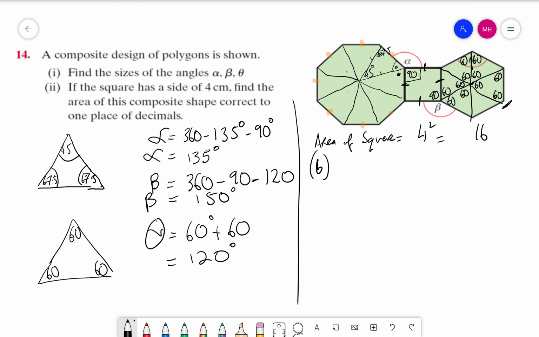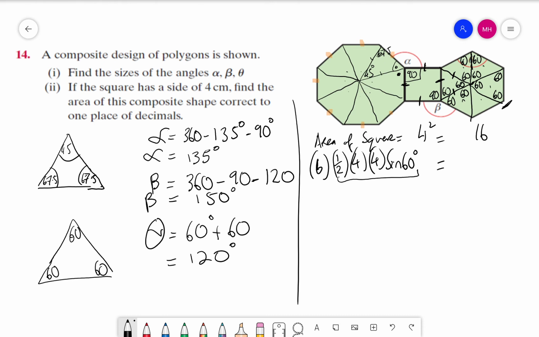So how do you find the area of one of those triangles? Probably the quickest way would be to say half AB. Now, because this is 4 and these are all equilateral, we all know that these have to be 4, 4 and 4. So it's a half AB sine C, that's a sine of 60 degrees. So half AB sine C is the area of 1 triangle, and we have to multiply it by 6.